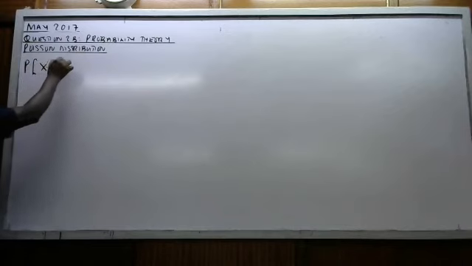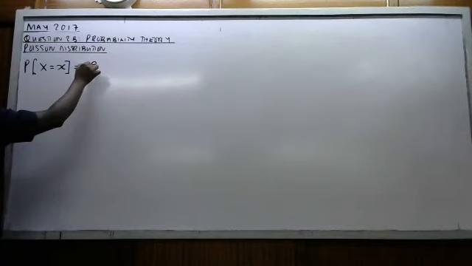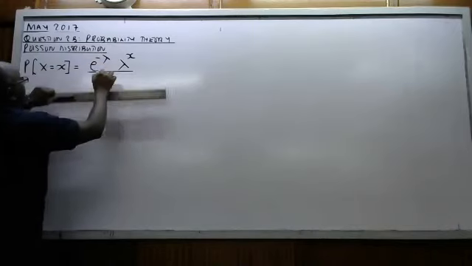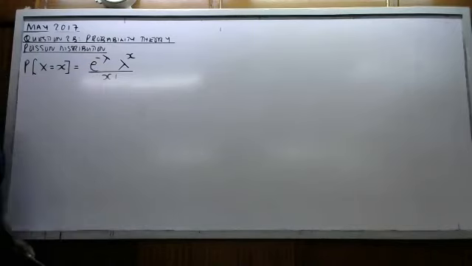So for the Poisson, the formula we know: probability of x is equal to e raised to power minus lambda, lambda raised to x, divided by x factorial.